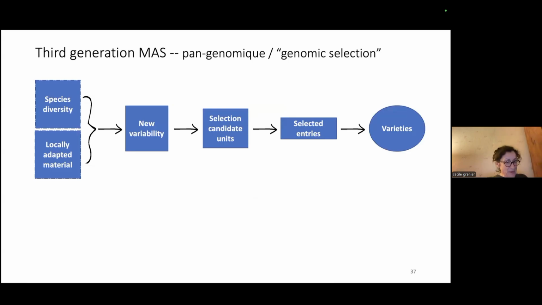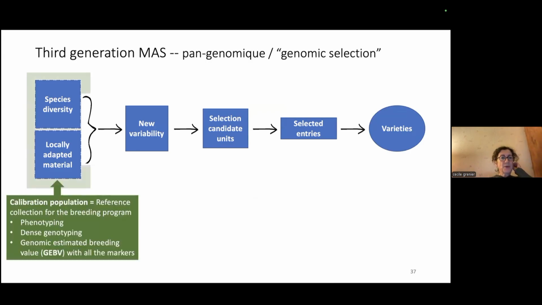Now I'm going to talk about the third generation of marker-assisted selection, which is the genomic selection. And this is a completely different story here. We have the species diversity, the locally adapted material, and this will constitute a calibration population. This calibration population will be phenotyped and densely genotyped.